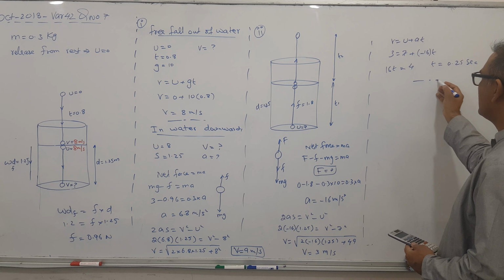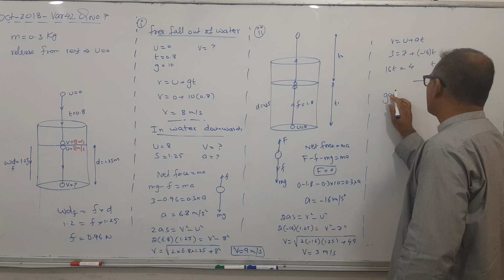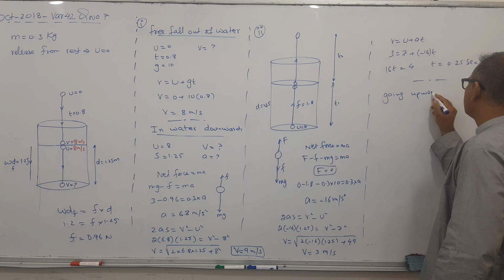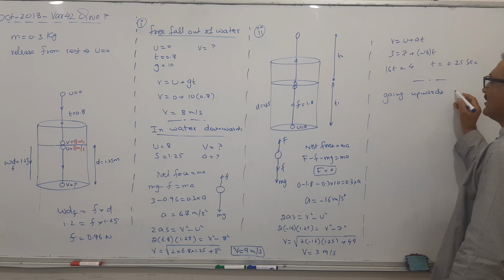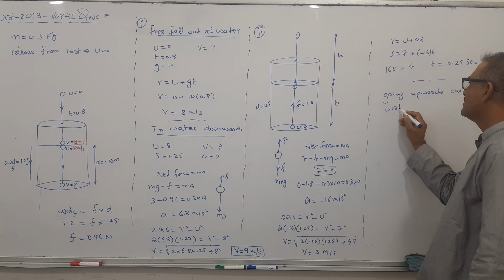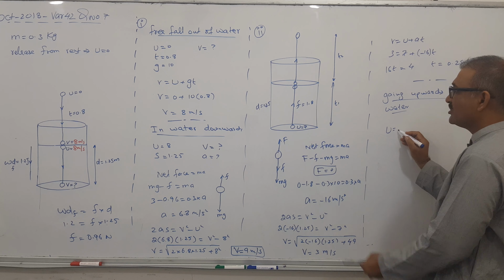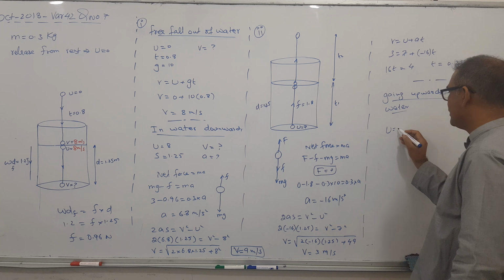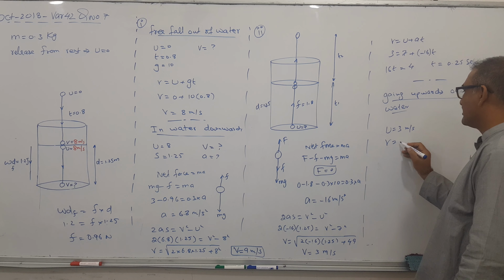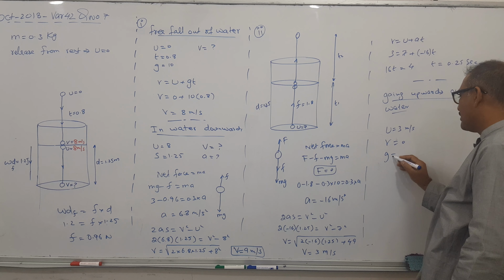Now going upwards out of the water surface, this v becomes u, 3 meters per second, and the last speed is 0 because it stops there, with gravity negative 10.